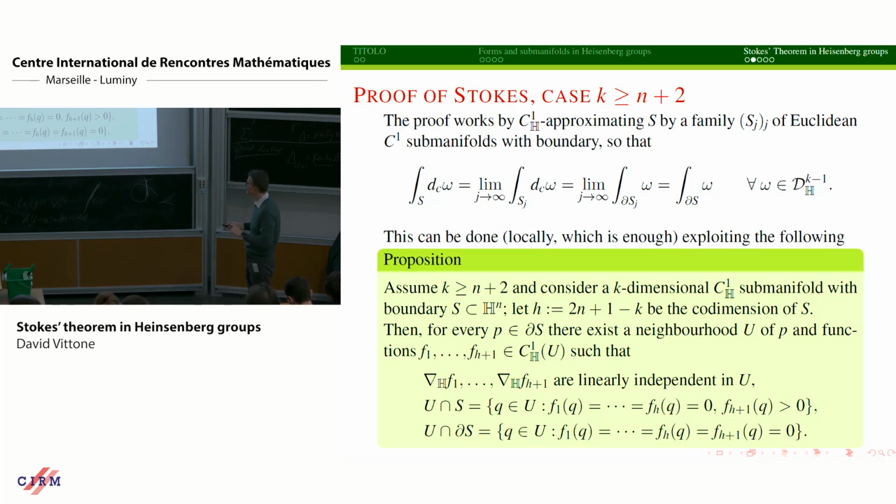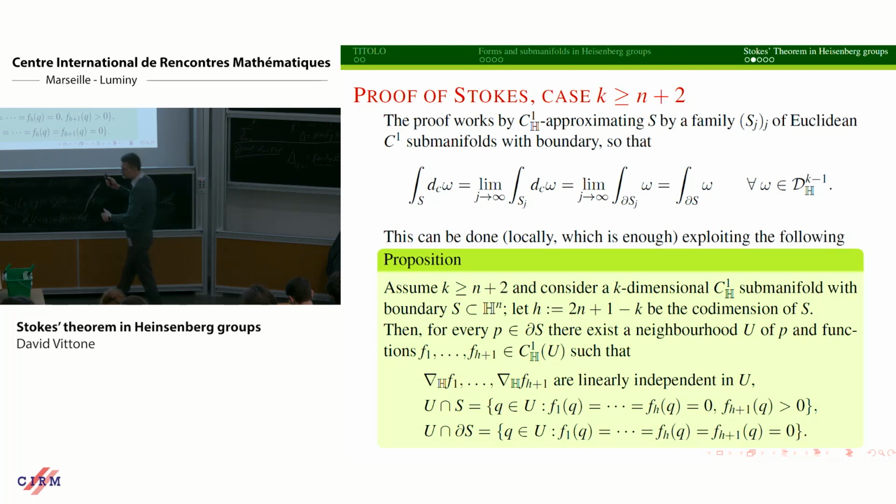It's clearly an equivalence. And now, once you have a tool like this, it's not so difficult to produce the approximation Sj. What could you do? Well, these functions are only C1H, but there are tons of ways of approximating them in C1H by smooth functions, f1 epsilon, ..., f_{h+1} epsilon, which are converging in C1H.